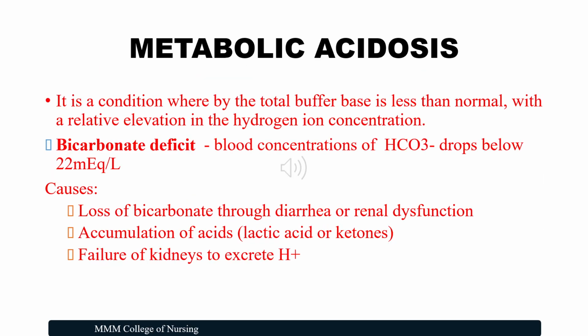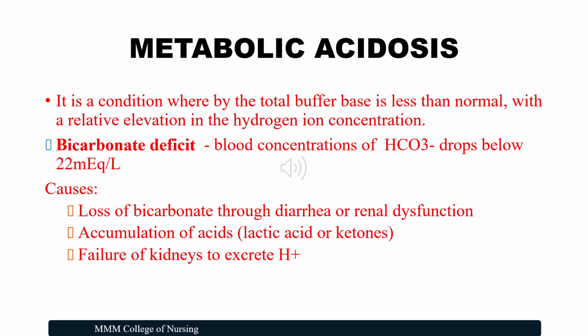Next one, coming on to metabolic acidosis. It is a condition where the total buffer base is less than normal and there is a relative elevation in the hydrogen ion concentration. In metabolic acidosis, the pH level decreases and the bicarbonate level also drops below 22 milliequivalent per liter.